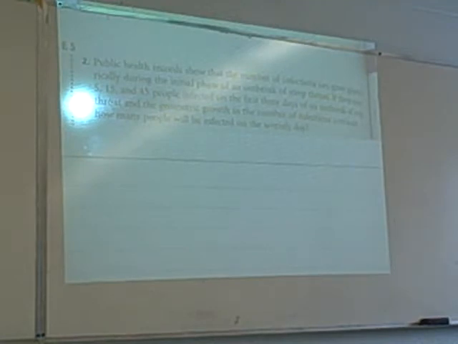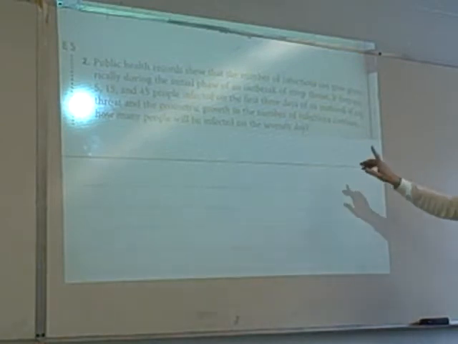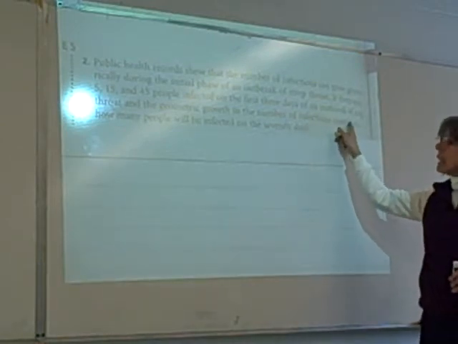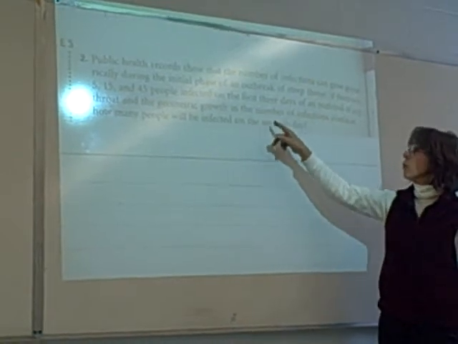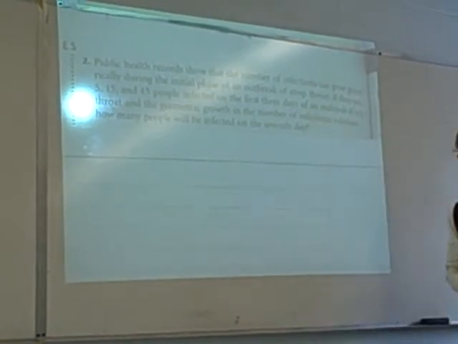The geometric pattern may change along the way. So if the geometric growth in the number of infections continues, how many people will be infected on the 7th day?